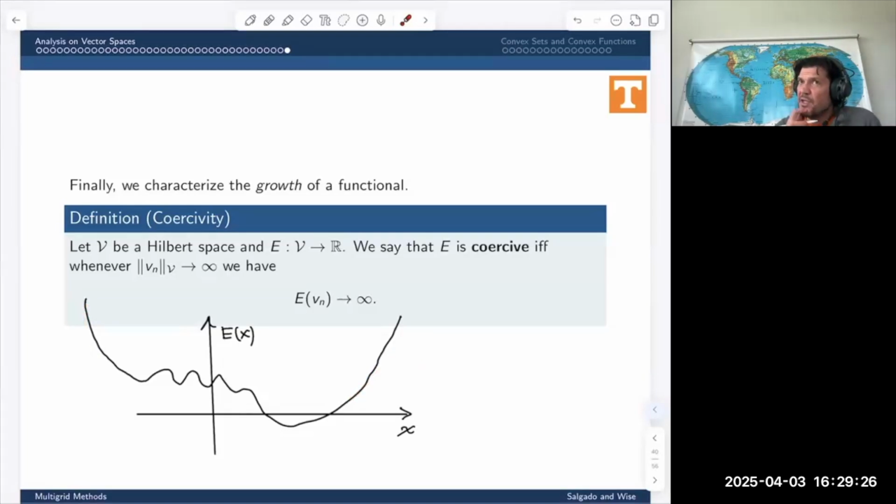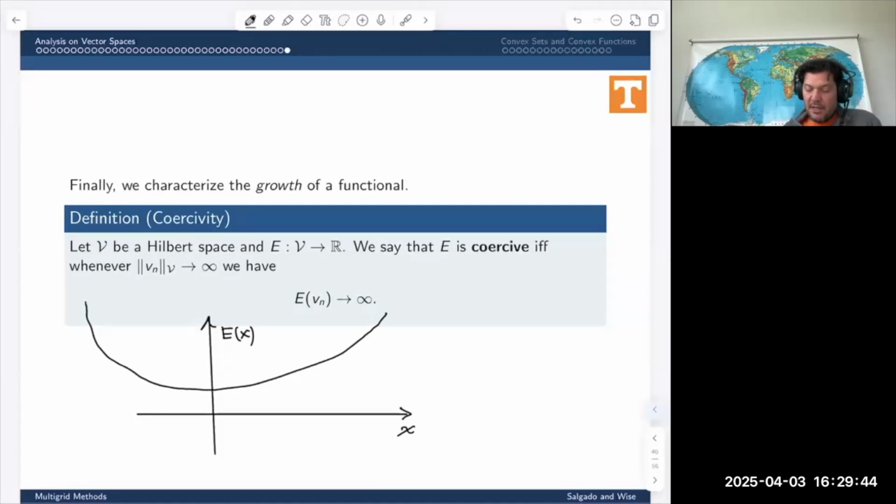What would be a function which is convex and coercive? And we're going to define convexity momentarily. What would a function that's convex and coercive look like? Well, some of you who know what the definition of convexity is already know the answer to this. It'd be a function which looks like that.